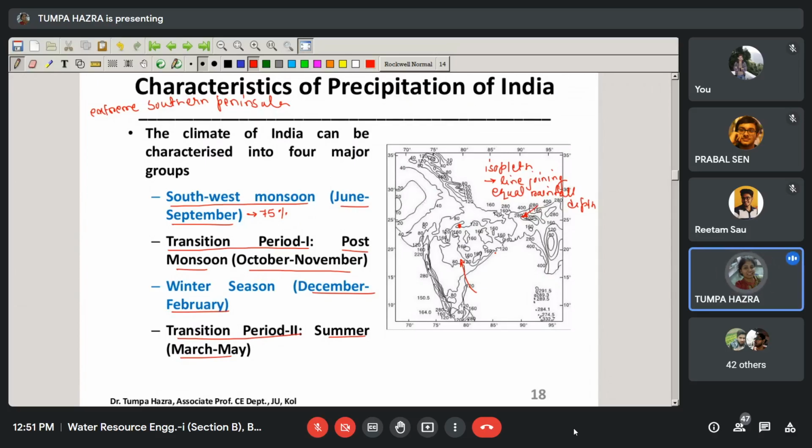Both of these two branches reach Delhi around the same time, by the fourth week of June. I don't know whether you have read in the newspaper that in West Bengal the official monsoon entering date is 8th June.